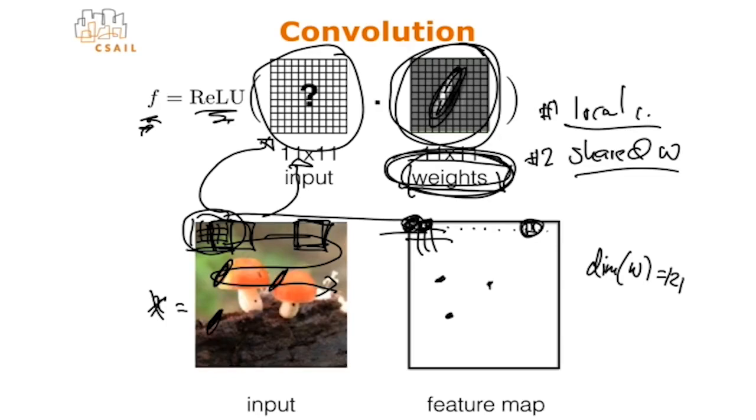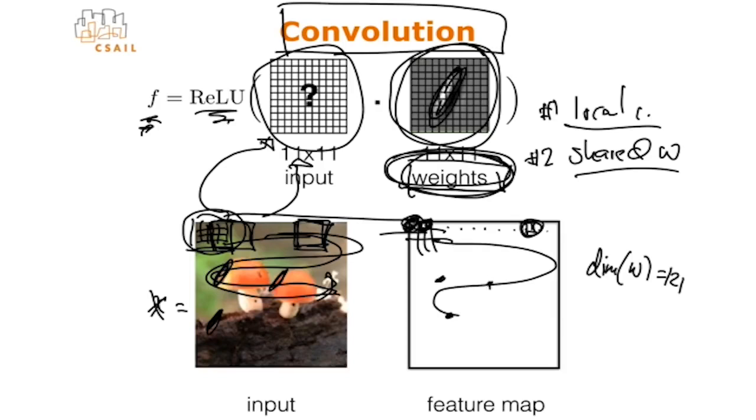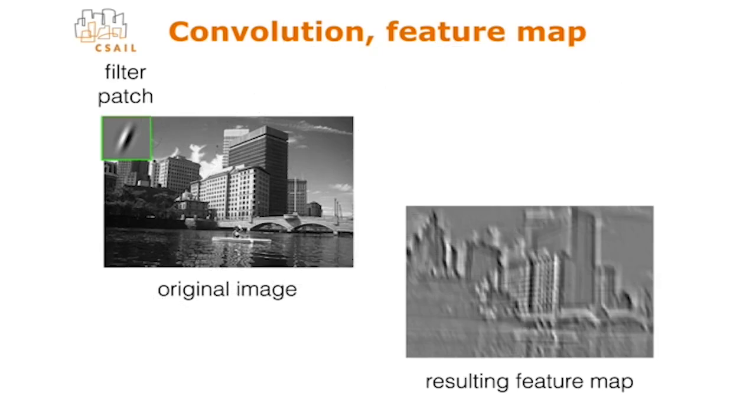This is now something called a convolution operation. Applying this little classifier throughout the image, we get the activation values as another image, which is called a feature map. All right, so let's see how this actually works.